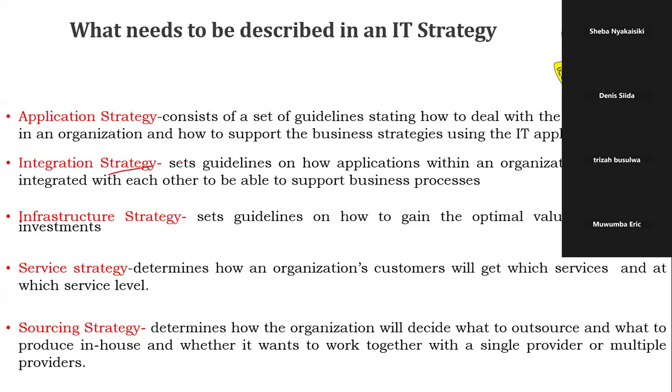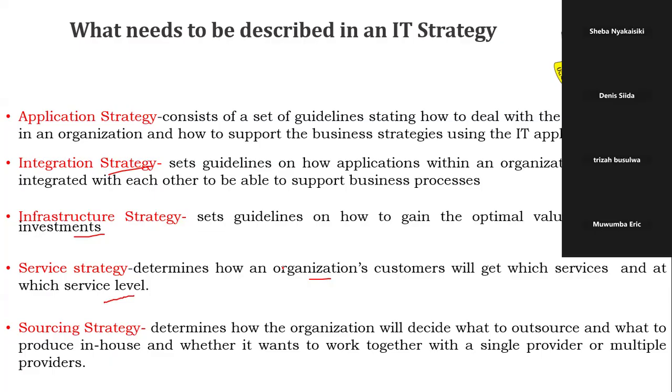Integration is how these applications will work together across departments. The infrastructure is those guidelines that will help the department optimize what they have and make any new investment. So service here, the policy would be looking at the organizational customers, how they'll get each service.